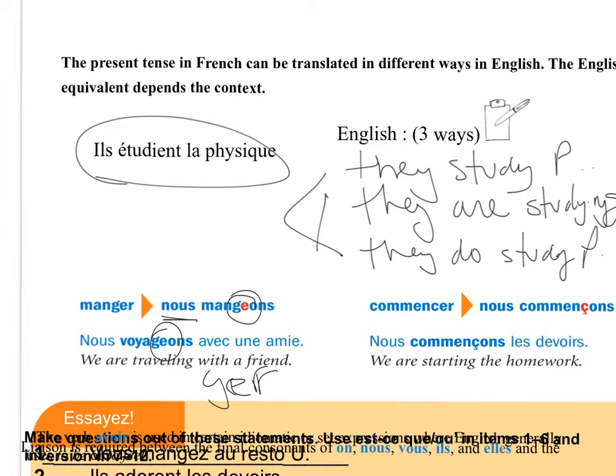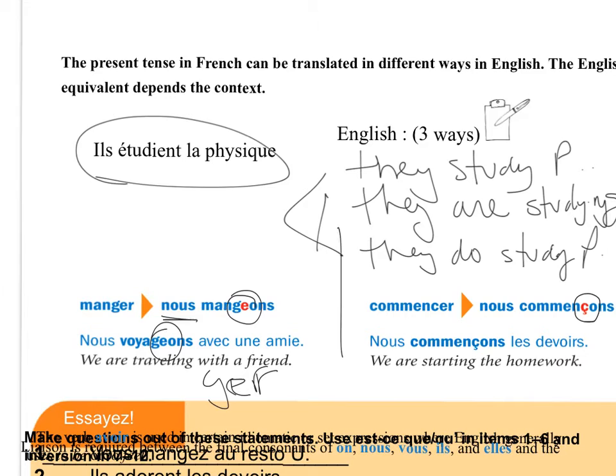For example, voyager, manger, partager are some examples where you must add an E for the nous. Also for commencer, nous commençons, there's a cedilla for the nous. So nous commençons is a good example that you have in your notes.